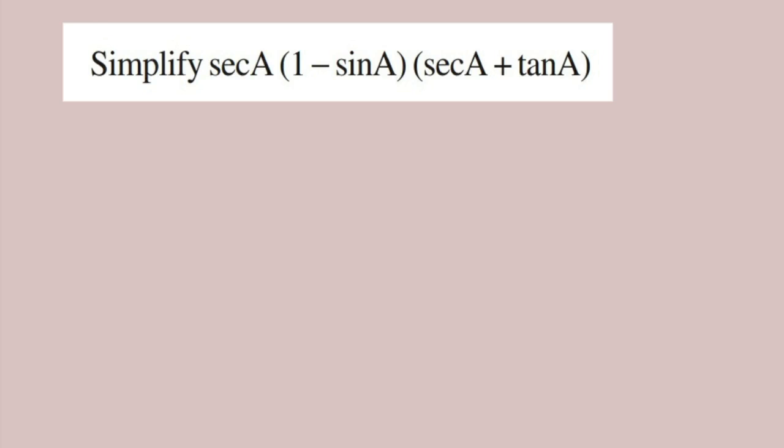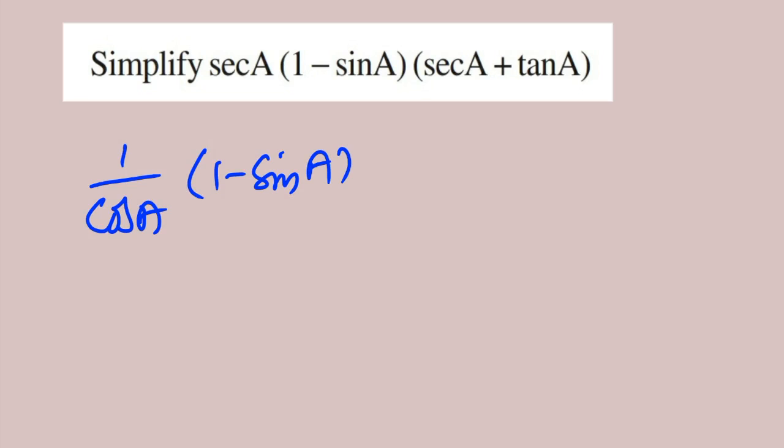Yes, here is another problem: secant A into 1 minus sine A into secant A plus tan A. So simplify this side. I told you, just write in terms of sine and cos. So secant A I can write 1 by cos A into 1 minus sine A, because it is already in sine ratio.